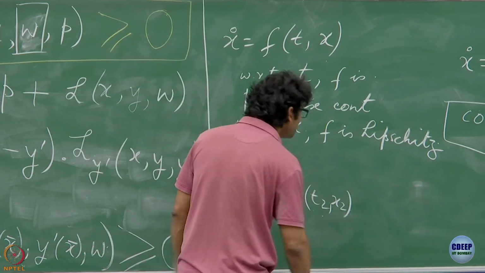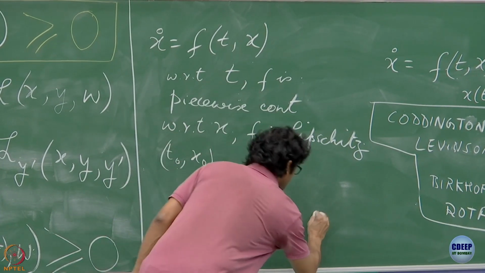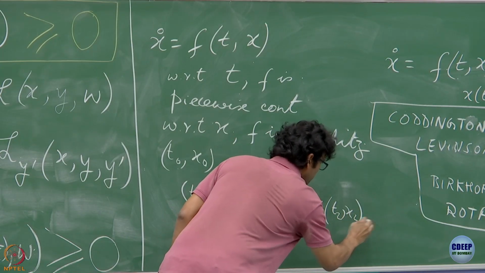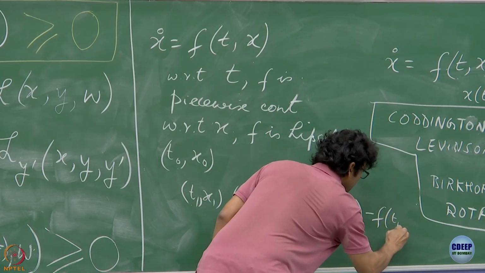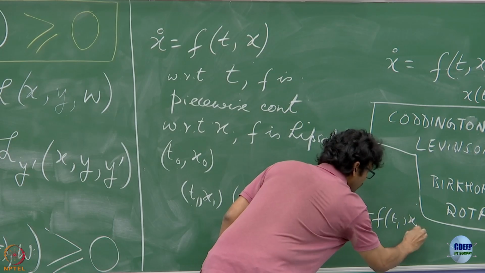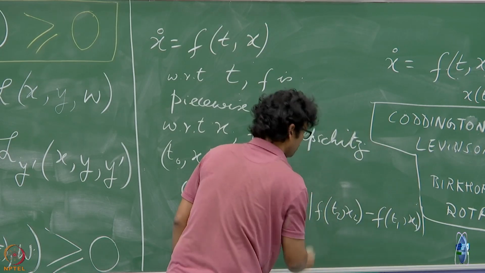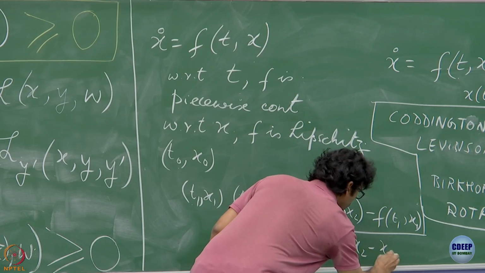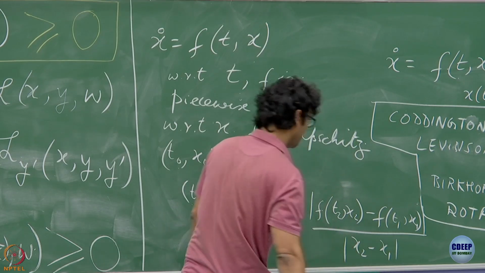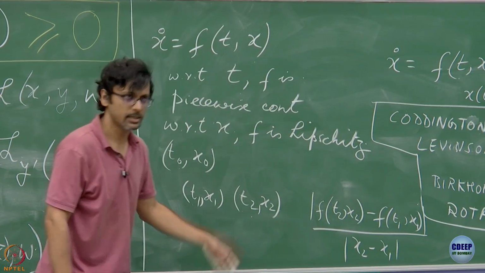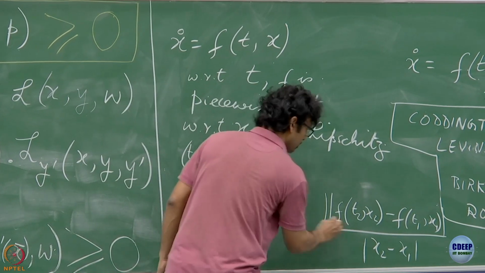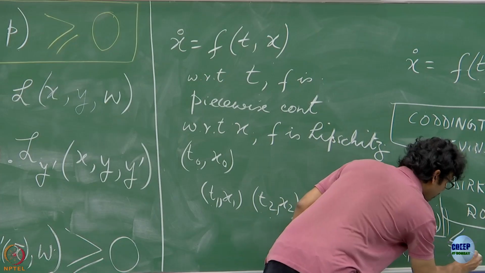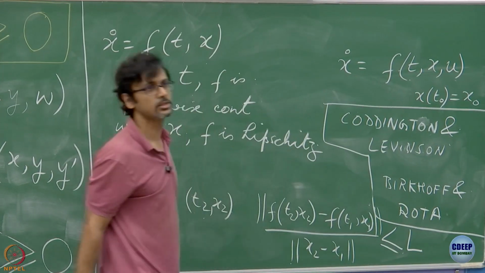Then you can just say that f at t2 x2 minus f at t1 x1 divided by x2 minus x1. So these are all norms. If there are multiple tuples, then it's just a norm. You can just look at it this way. Less than or equal to some L. So this is the Lipschitz constant.